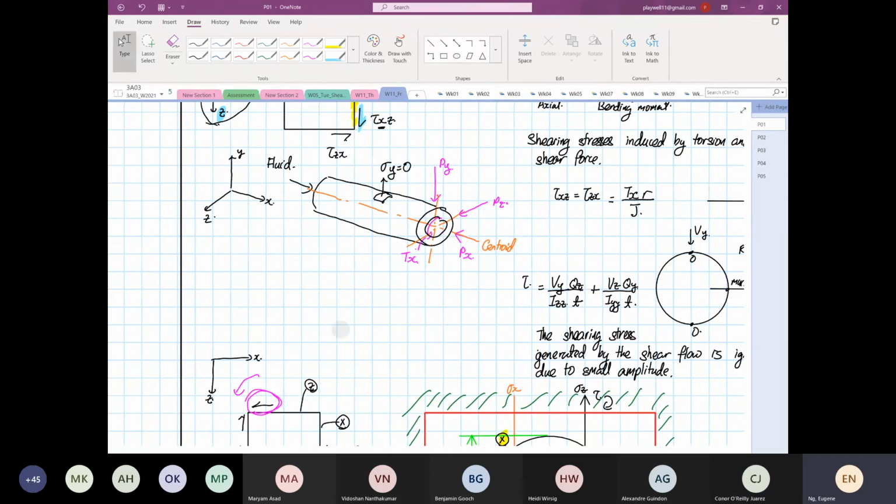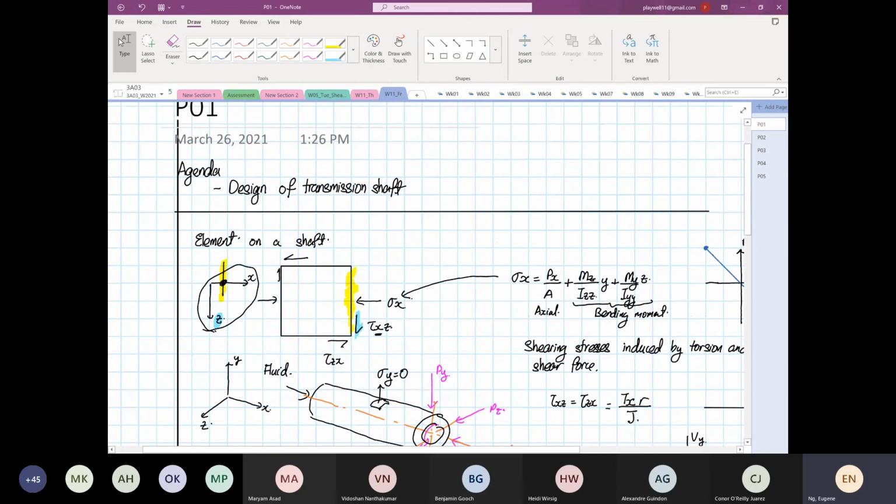That's why this is very unique for transmission shaft only. But if you want to design a transmission shaft with fluid flowing in, it is a different ball game. I don't know why we would do that for our transmission shaft, but be aware. So this case will not be applicable for a shaft that has fluid in there. Are we clear?